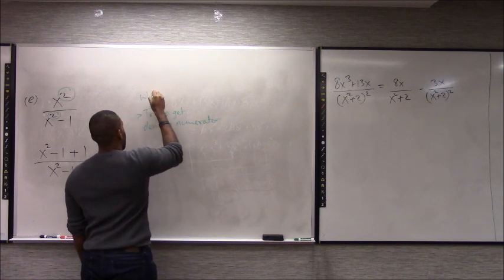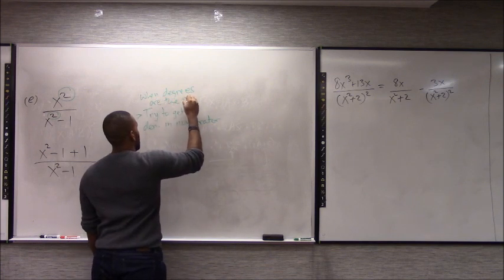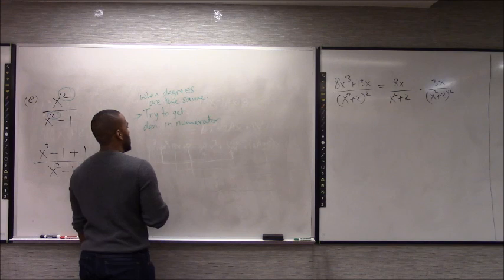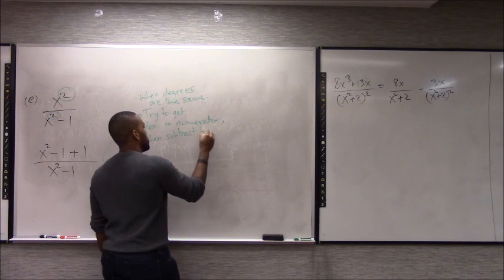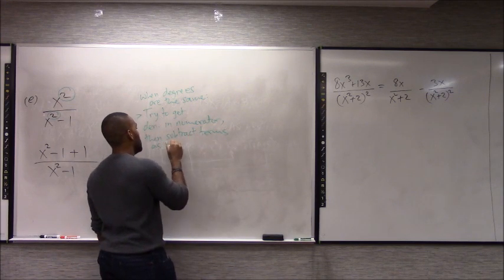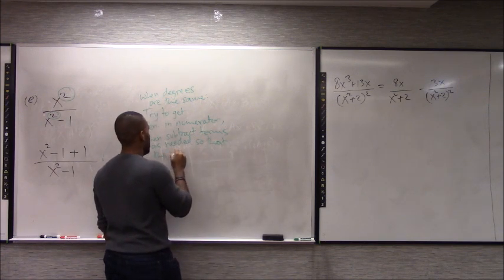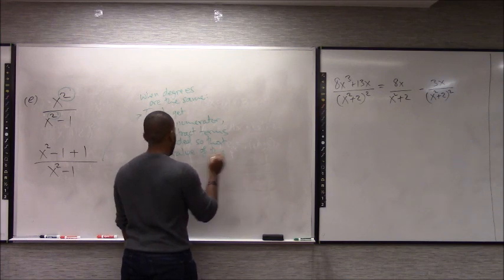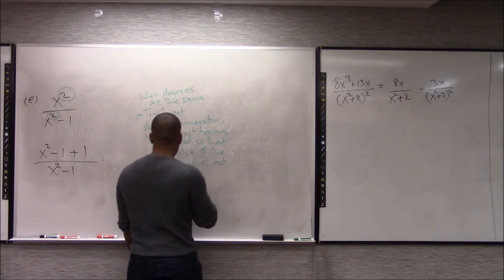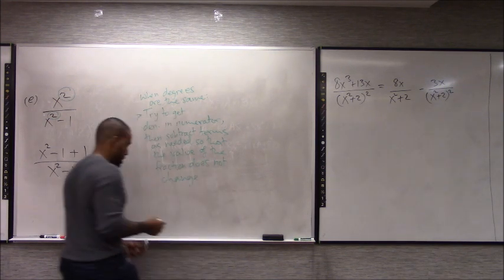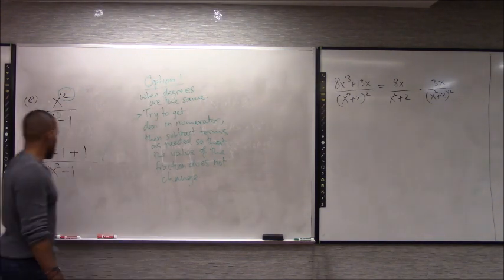So when the degrees are the same, try to get the denominator in the numerator, then subtract terms as needed so that the value of the fraction does not change. So that's actually one of, I would say, two main options that you have. There are many options in general.